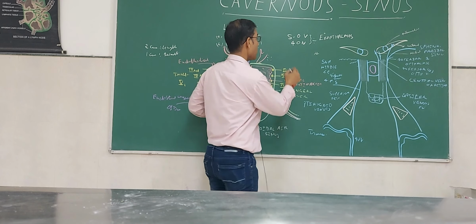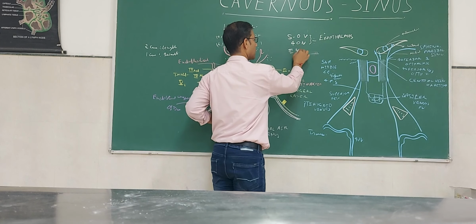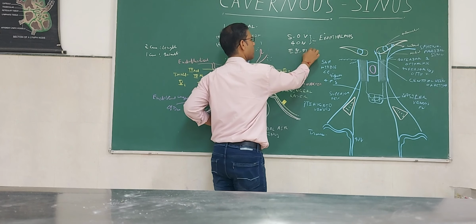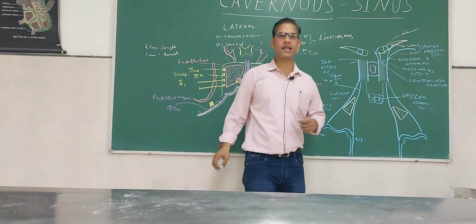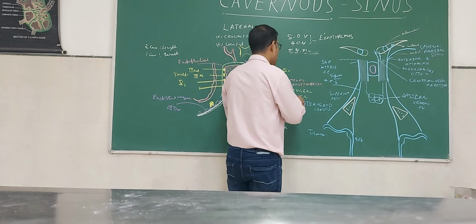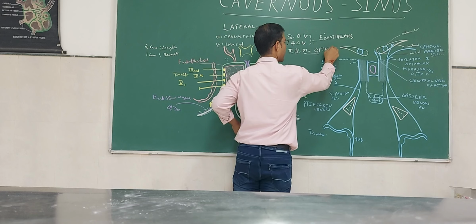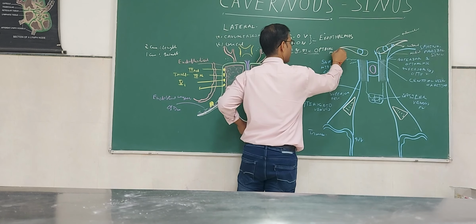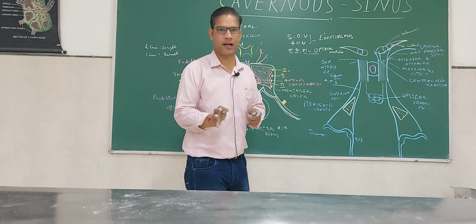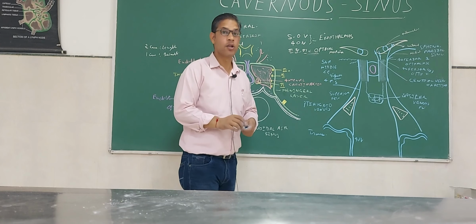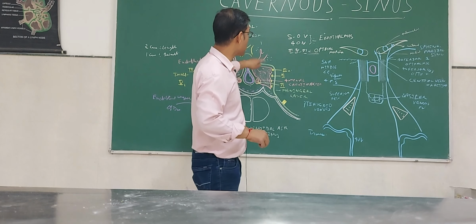Not only that, the third, fourth, and sixth nerve palsy can lead to ophthalmoplegia, that is, inability to move the eyeball freely, because these nerves govern eye movement. So the major impact of thrombosis of the cavernous sinus is on the eyeball.